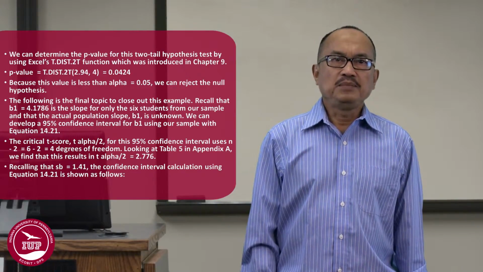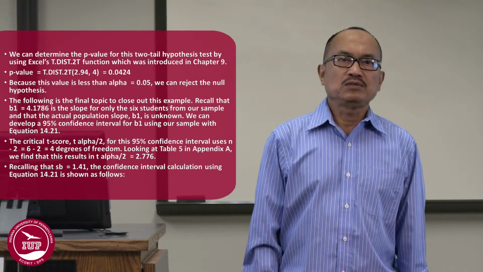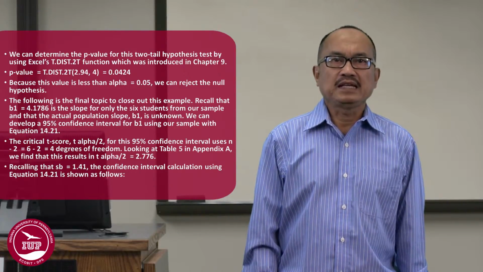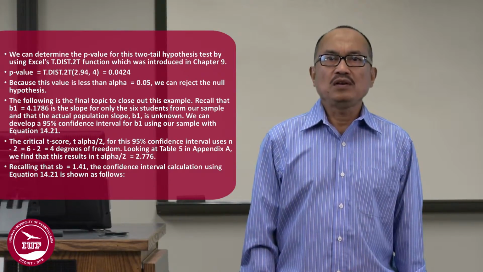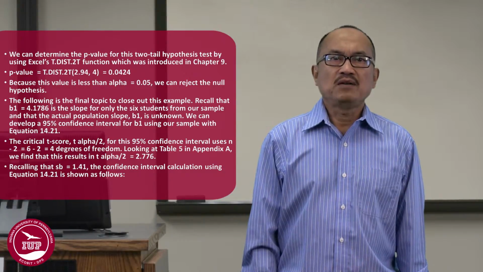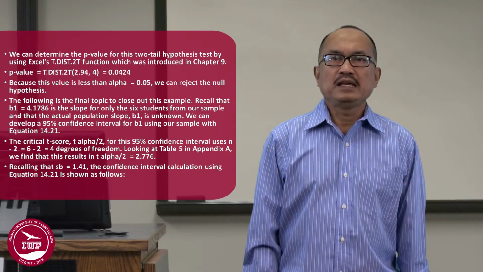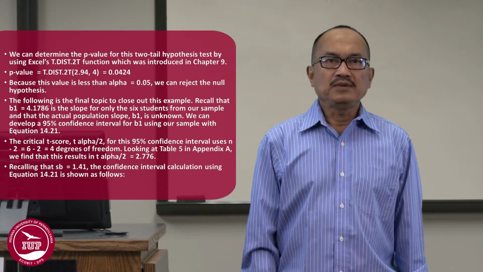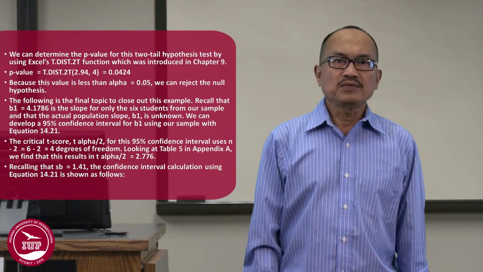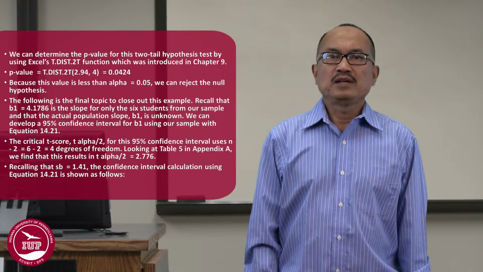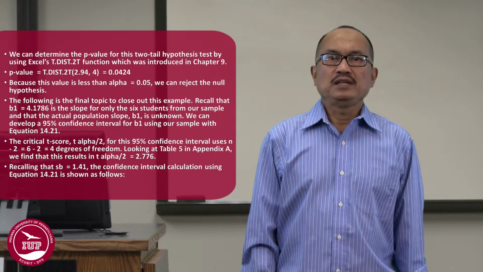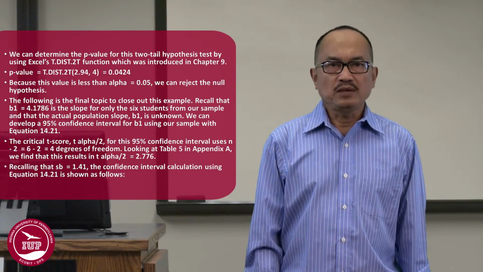Recall that b1 is equal to 4.1786, the slope for only the 6 students from our sample, and that the actual population slope, B1, is unknown. We can develop a 95% confidence interval for B1 using our sample with equation 14.21.